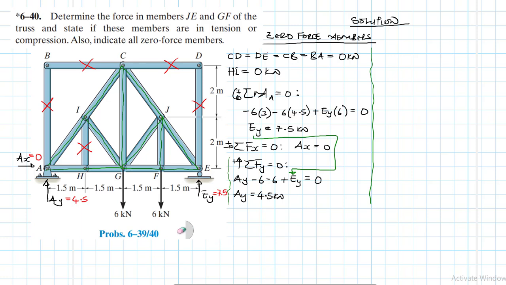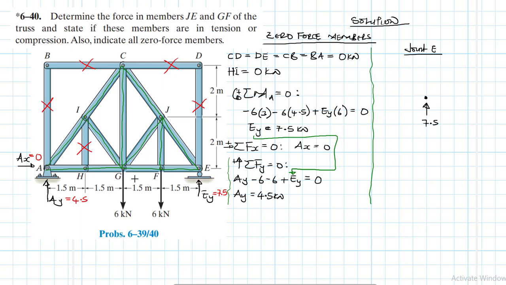So what we have right now is, we need to go to joint E. So what do we have at joint E? We have EY, which is 7.5.